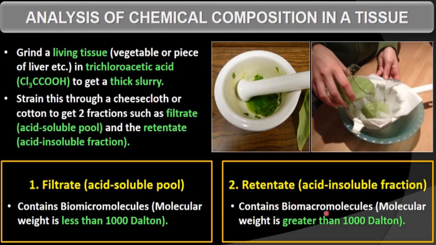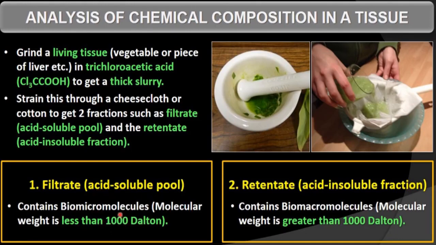These are macromolecules, macro means large, that's why their molecular weight is also greater than 1000 Dalton. And these are biomicromolecules, micro means small, that's why their molecular weight is less than 1000 Dalton.